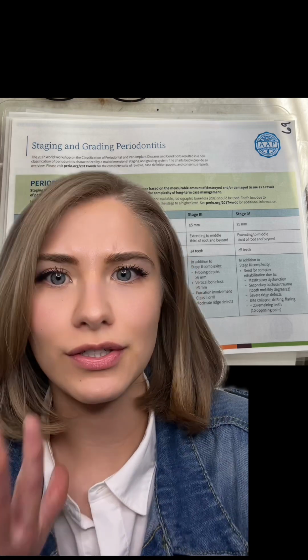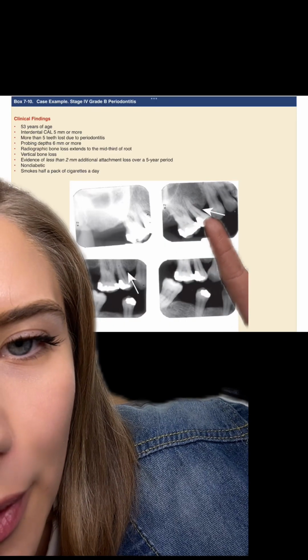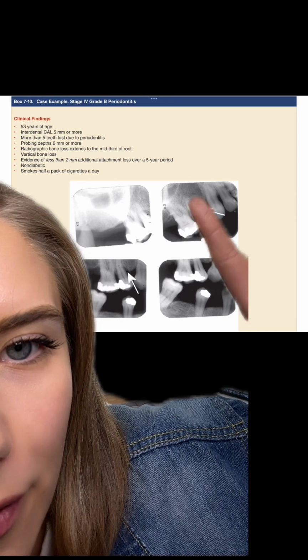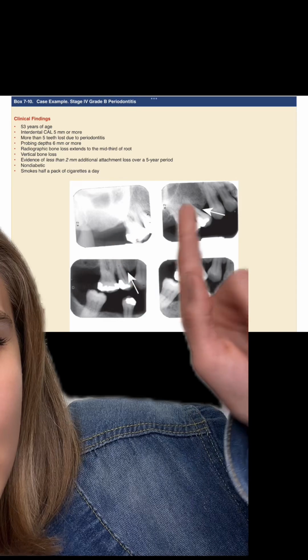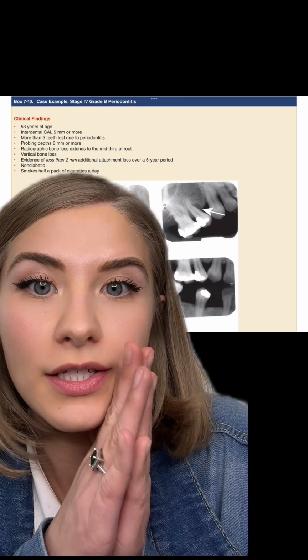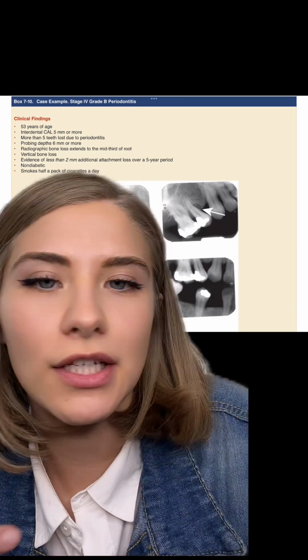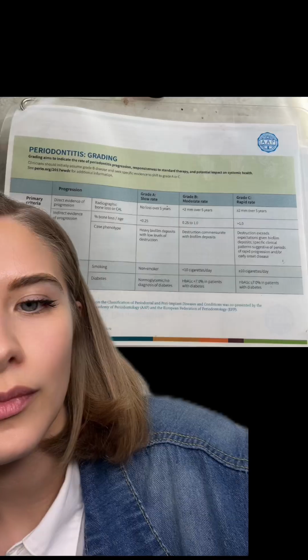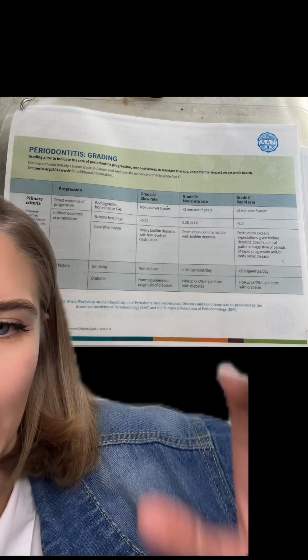A lot of factors. And this person's missing a lot of teeth. And remember, it's because of periodontitis, not because they had a tooth extracted because it needed a root canal.